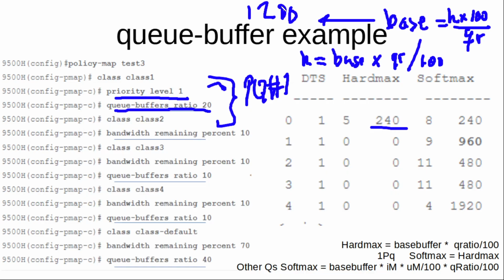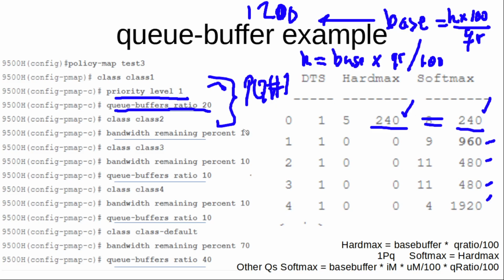We're going to use this value to figure out why the operating system came up with these other values. We are still analyzing the priority queue. The other formula is that for priority queue number 1, SOFTMAX equals HARDMAX. That is why we have 240 here and 240 here.